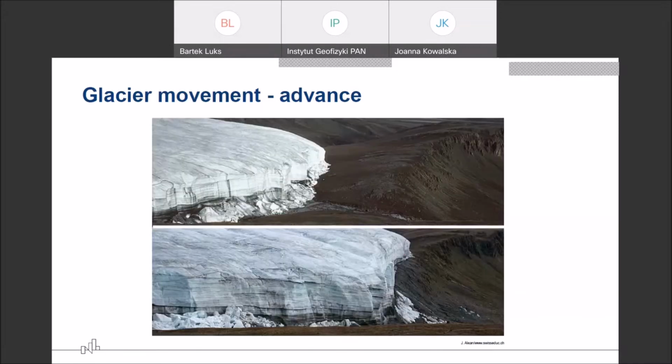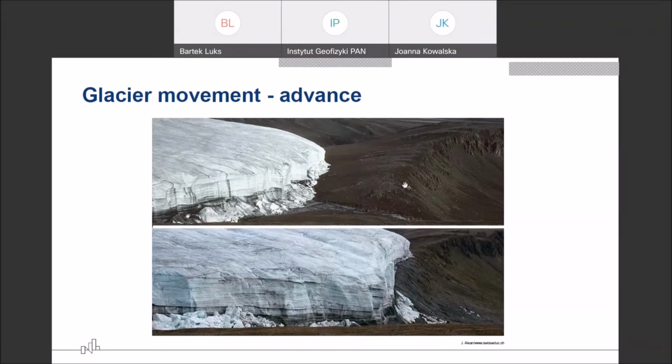And that's how it looks. On the upper panel, you can see the front of one of the Icelandic glaciers, and the lower photo is taken 4 years later, and for a scale, it's just a few meters.